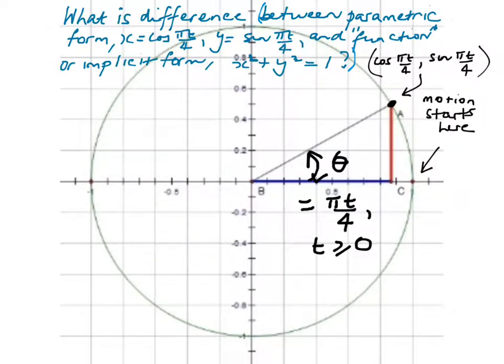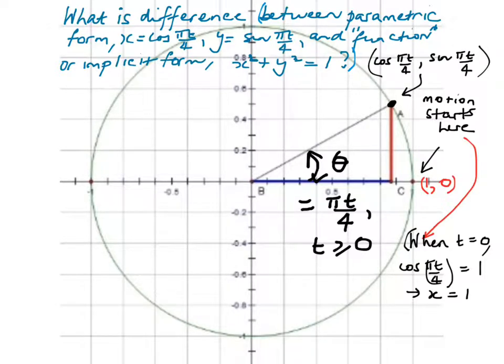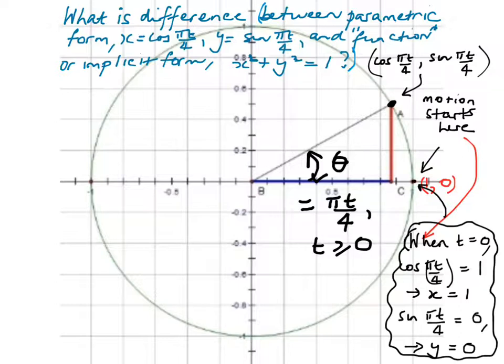The motion starts there when t is naught, because x is cos of naught, which is 1, and y would be sine of naught, which is naught. So it'll start off at 1 and naught when t is naught.